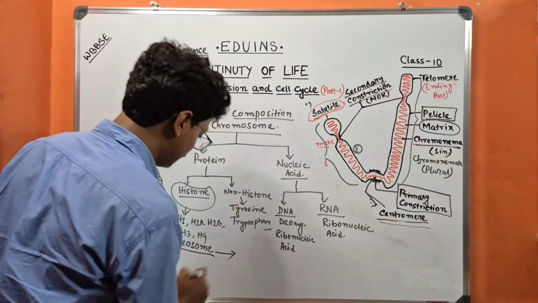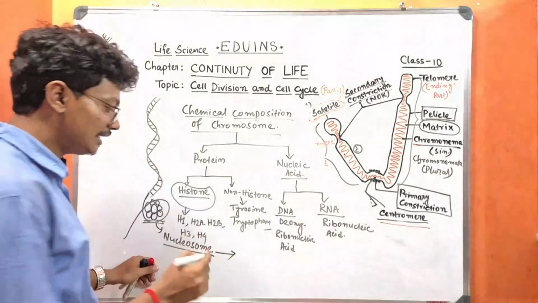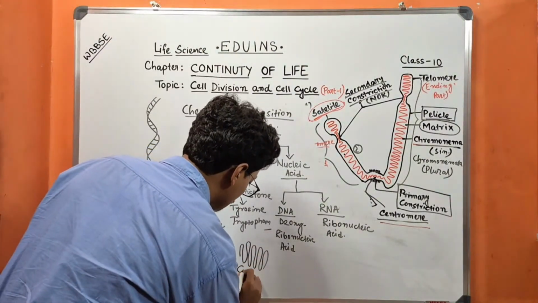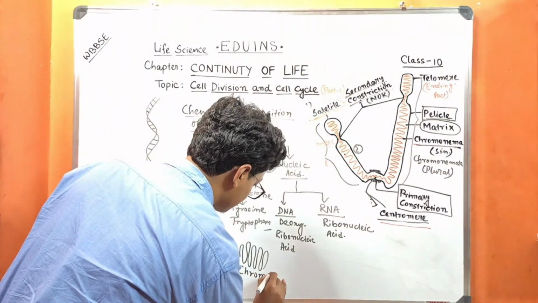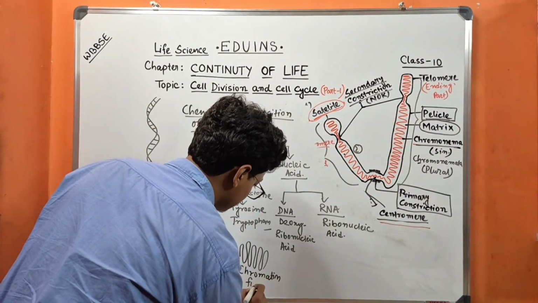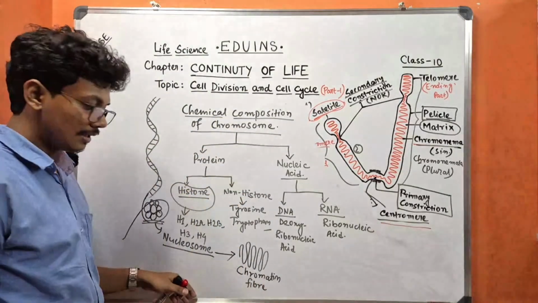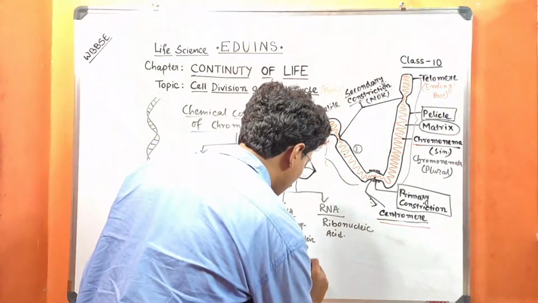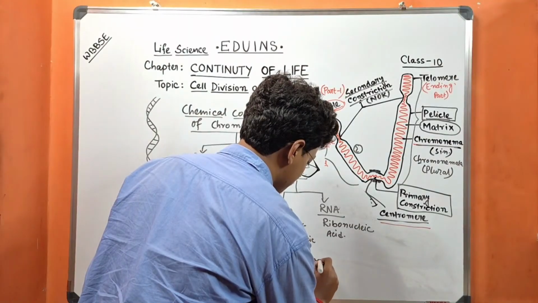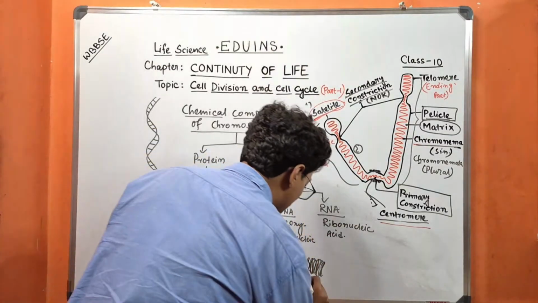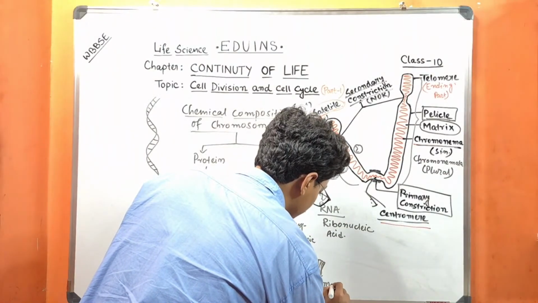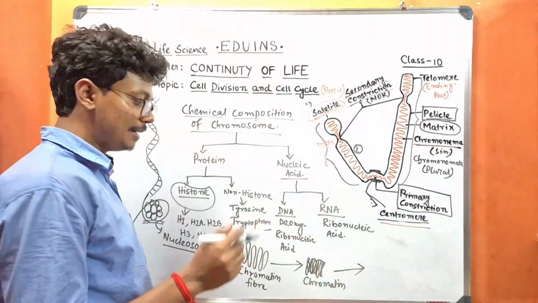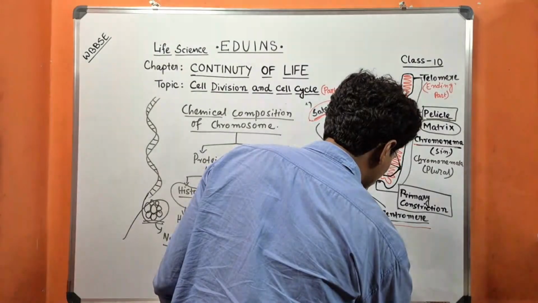This histone octamer or nucleosome is further condensed into a structure known as chromatin fiber, and this chromatin fiber is further condensed or coiled to form chromatin. And the supercoiled part of the chromatin is the chromosome.